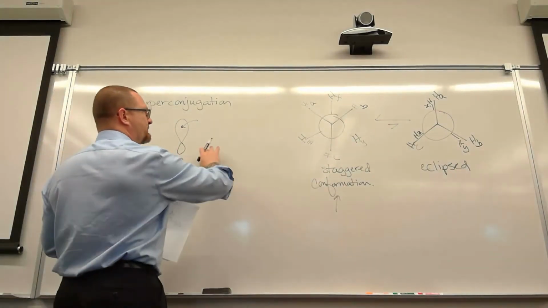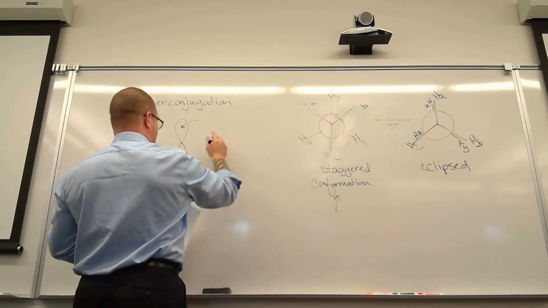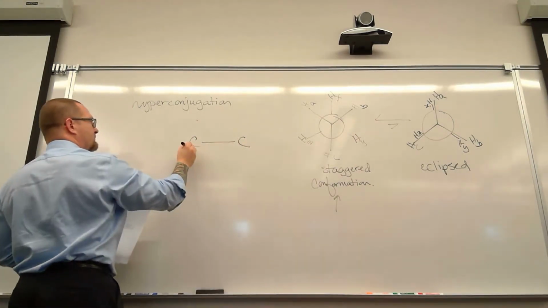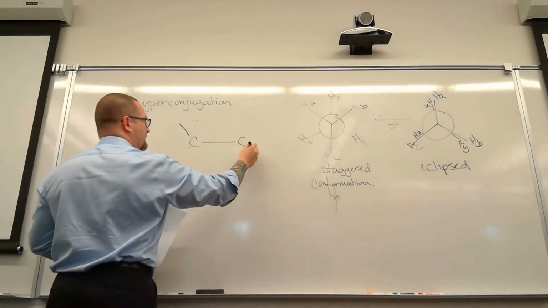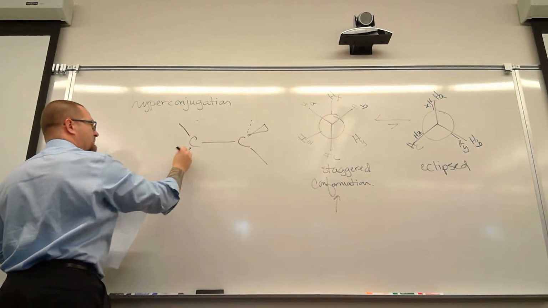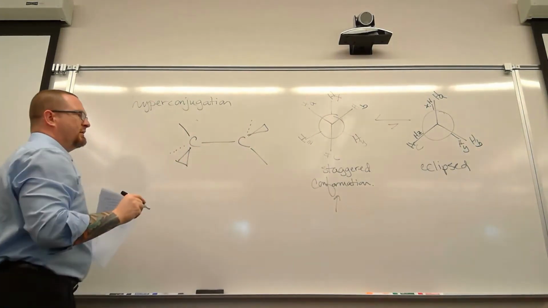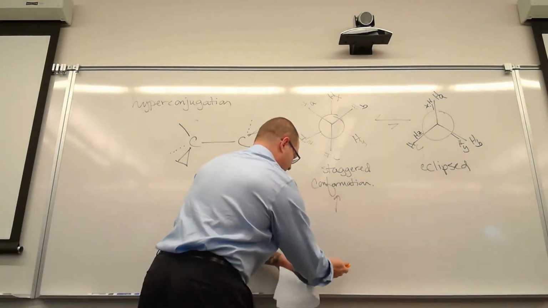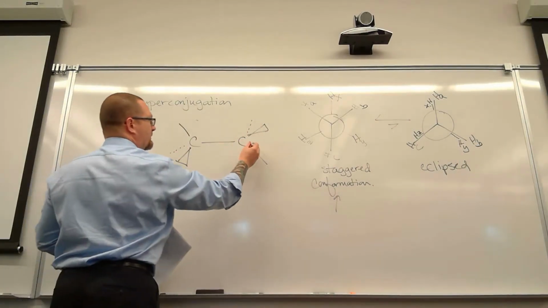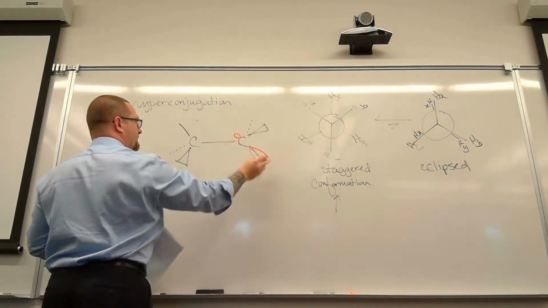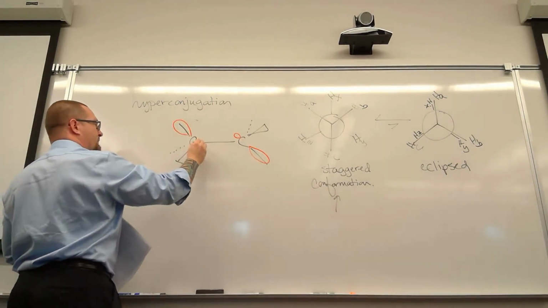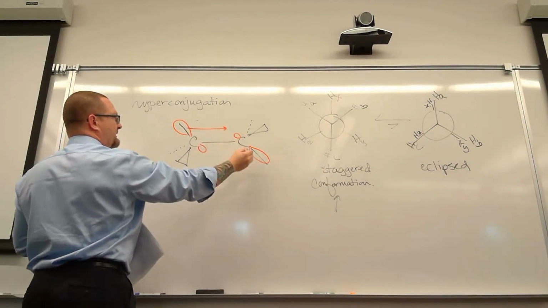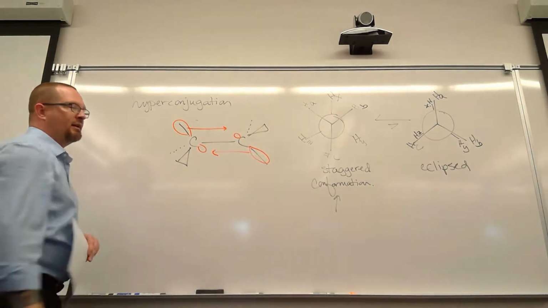And what's happening in the staggered conformation is this bonding orbital aligns with this anti-bonding orbital, and this bonding orbital aligns with that anti-bonding orbital.